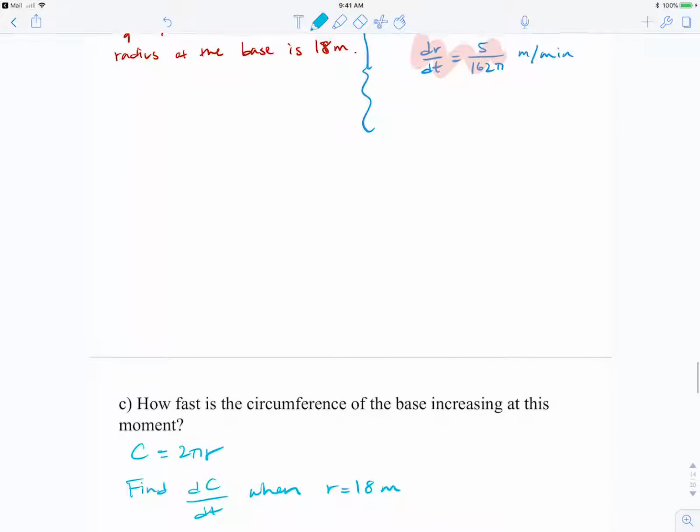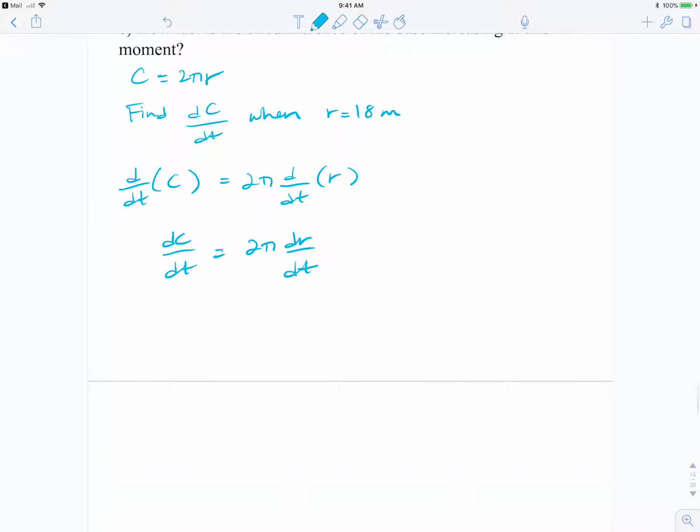So 5 over 162 pi. So the pi's will cancel. And that is equal to 5 over 81 meters per minute.